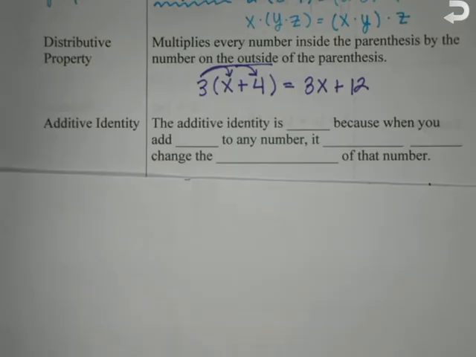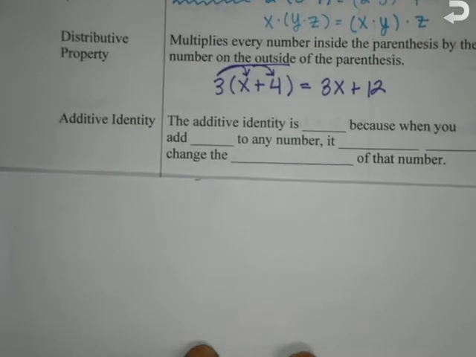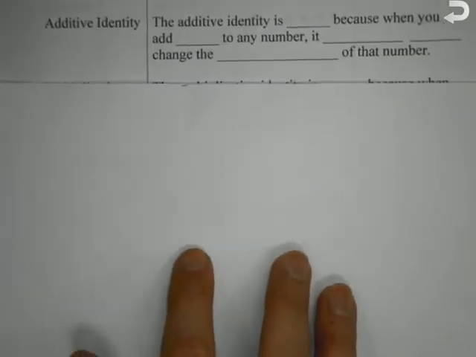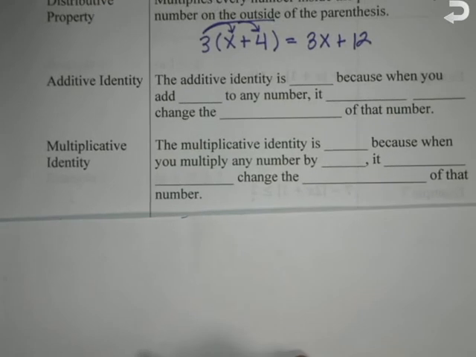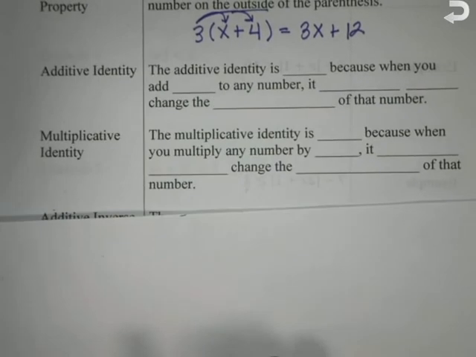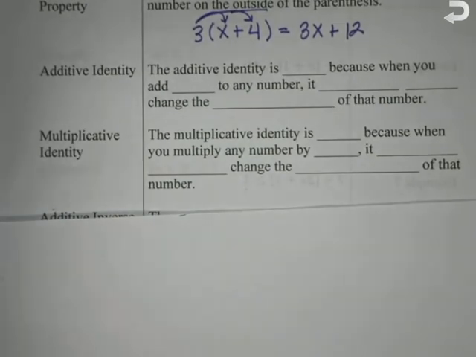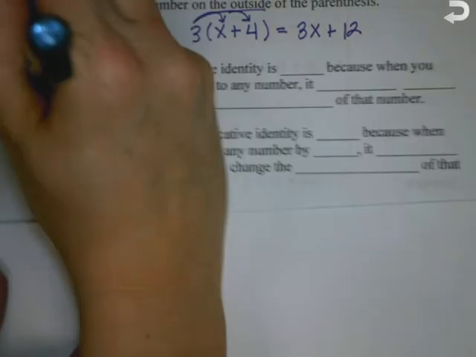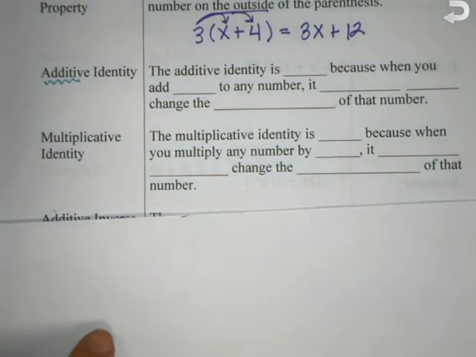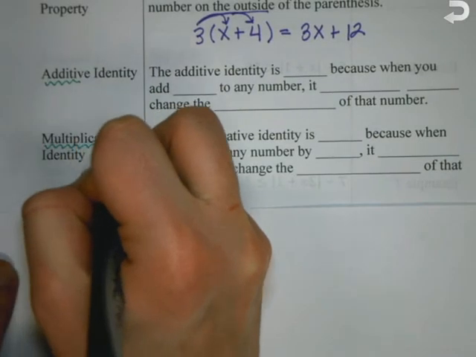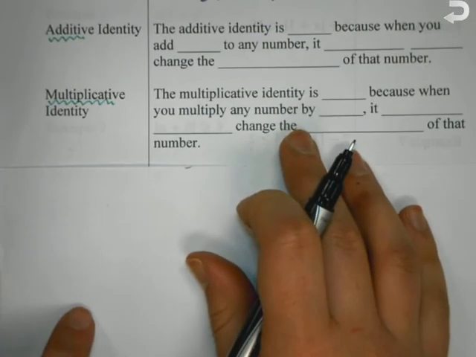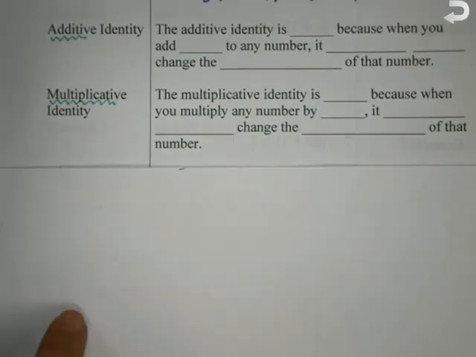I think that identities are the most difficult. We have 2 identity properties. We have what is called the additive identity, so it has to do with adding. And then we have the multiplicative identity, so it has to do with multiplication. Okay, identities do not change the value of the number.